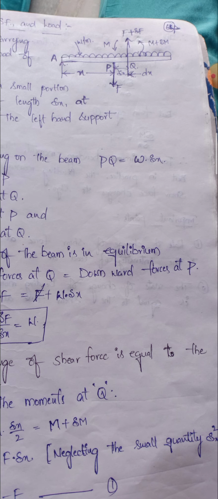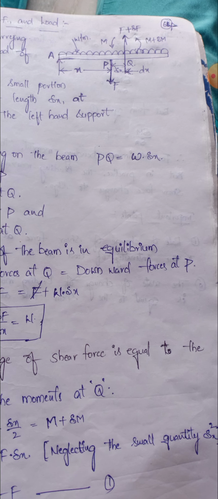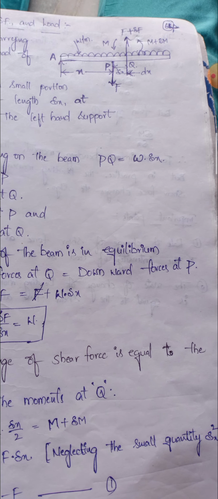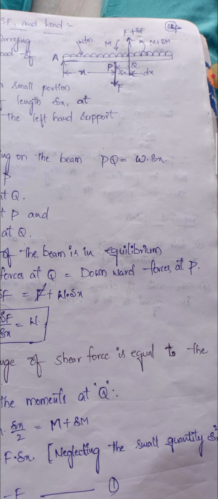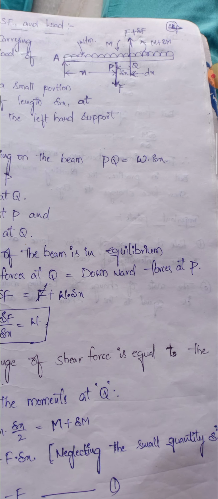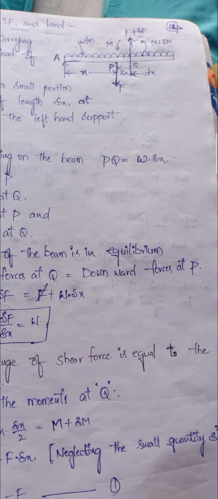At X distance from A, F is taken as downward, and F plus dF is taken at dx distance from F. At F the moment is taken as M, and at dx the bending moment is M plus dM.